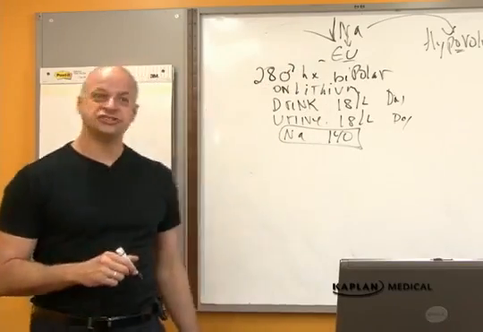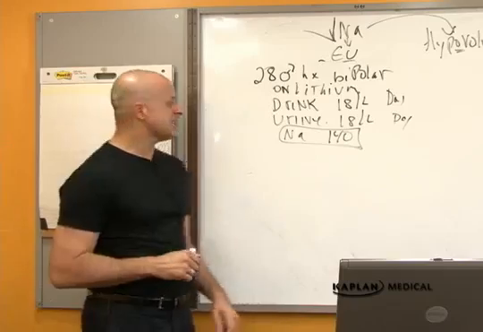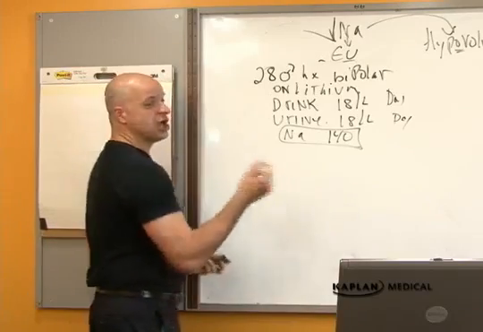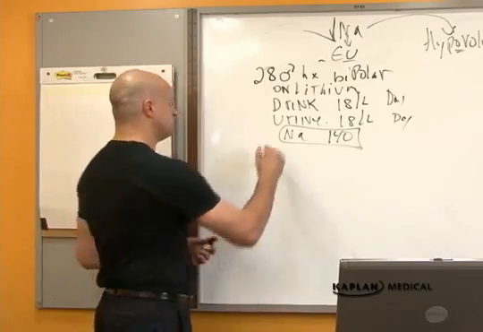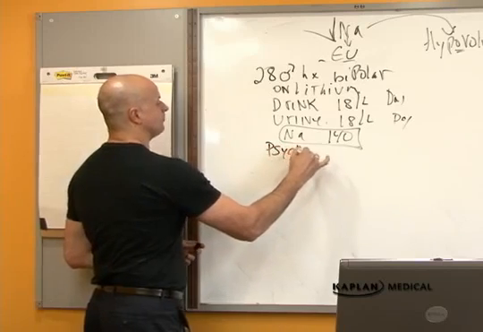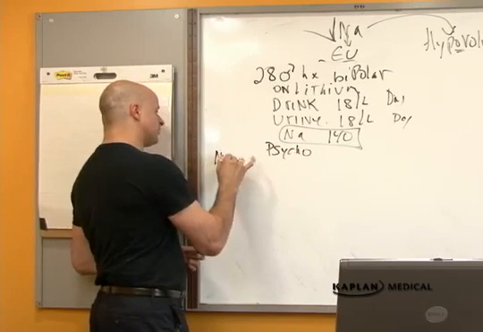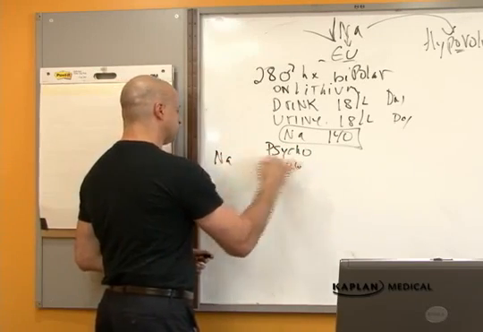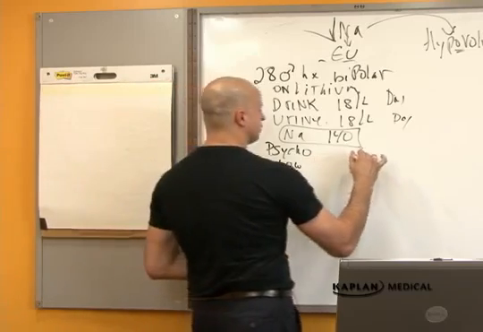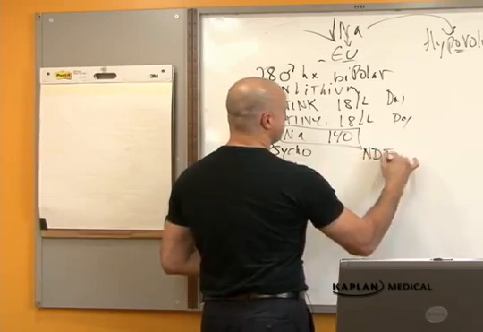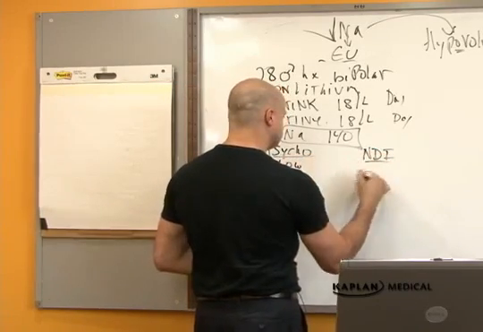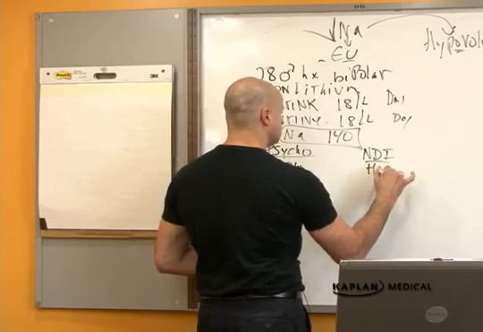And the answer is, you can't tell. If the sodium level was low, it would be psychogenic polydipsia. If the sodium level were high, it'd be nephrogenic diabetes insipidus on the basis of the lithium.